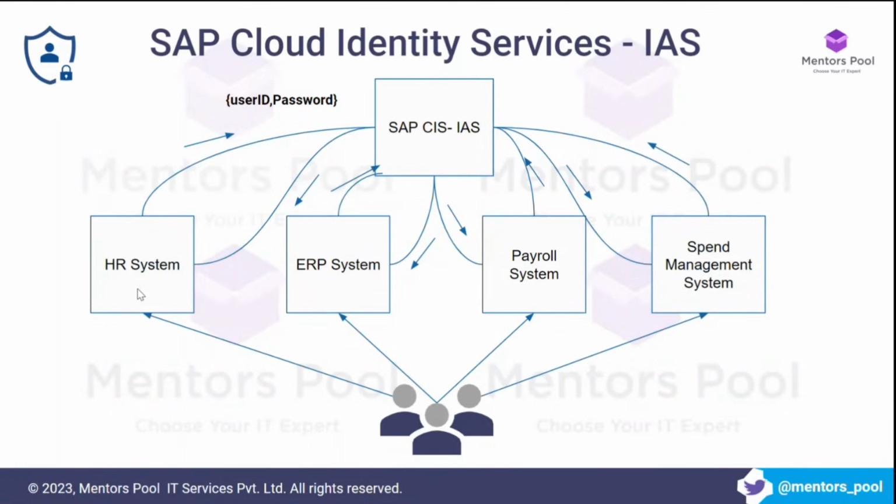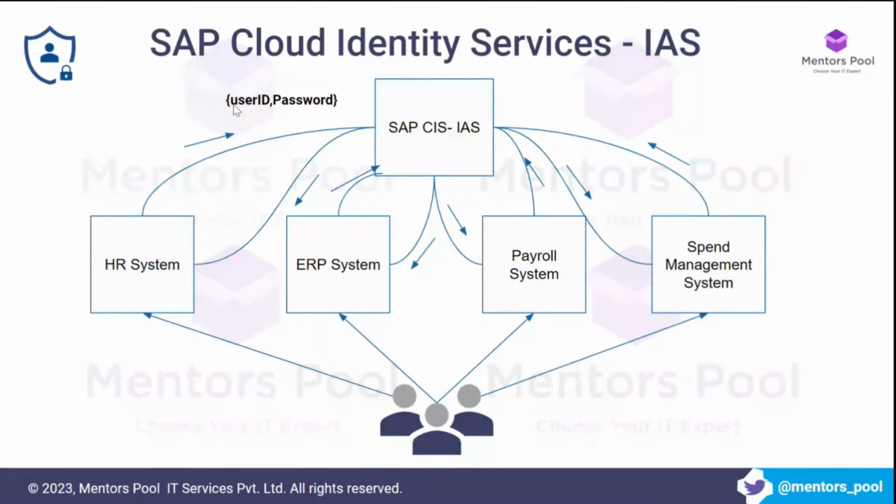If you're trying to access HR systems like SuccessFactors, your authentication will happen with IAS or Cloud Identity Services. If you're accessing S/4HANA Cloud, your identity access management will be done by IAS. If you're accessing any payroll system, Ariba or Fieldglass, all identity access management will be done by IAS only, or Cloud Identity Services only.